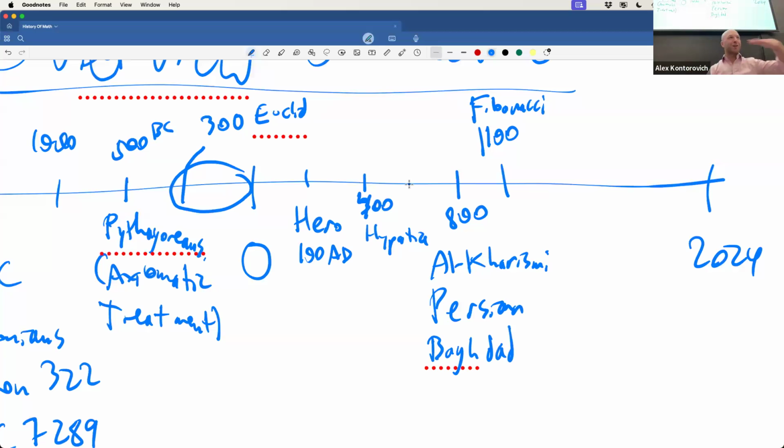And we're on this exponential curve where nothing is happening, but it's setting the stage for something to happen. In particular, this is one of the first instances where people are using a different alphabet for numbers and letters.